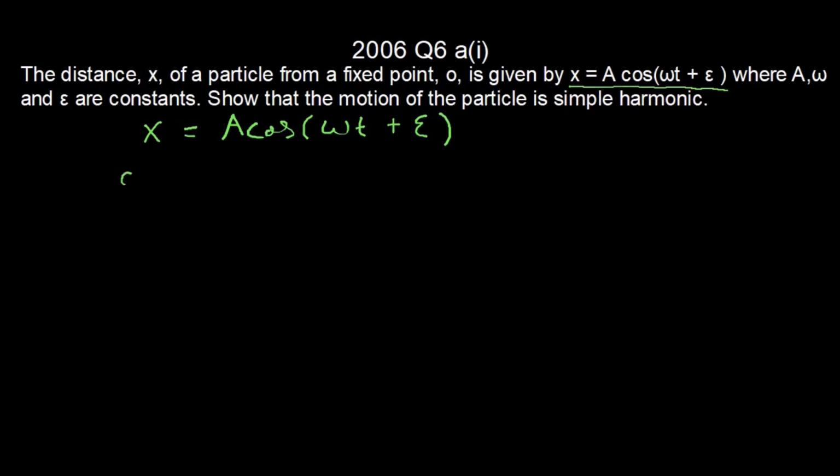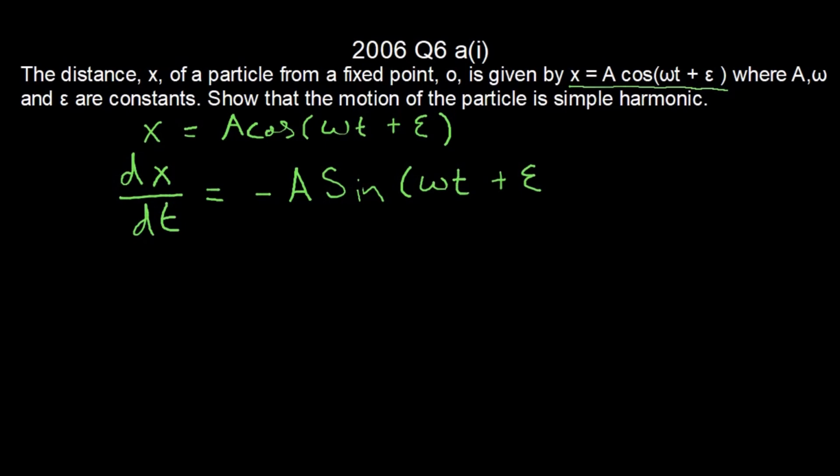So I'm going to get dx, and we're going to differentiate with respect to t. So dx dt is equal to minus a sine omega t plus epsilon times omega.